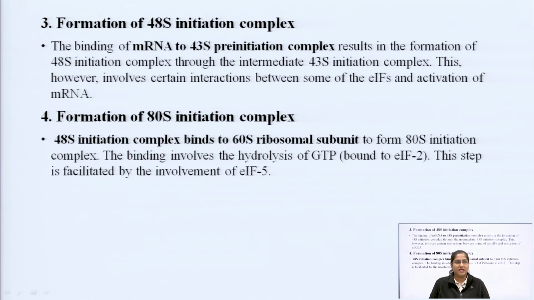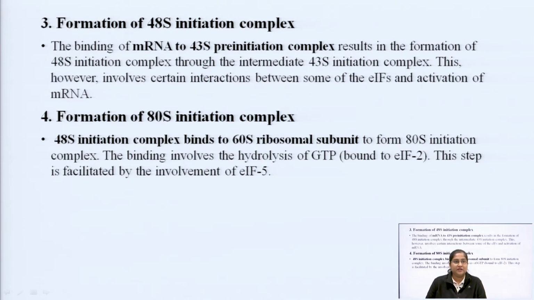This, however, involves certain interactions between some of the EIFs and activation of mRNA, and then finally it becomes our 48S initiation complex. This 48S initiation complex then finally binds to the 60S ribosomal subunit, from which it was dissociated, to form the 80S initiation complex.